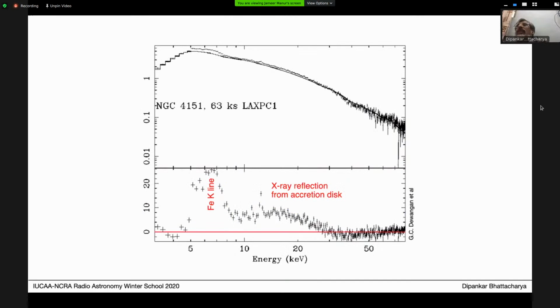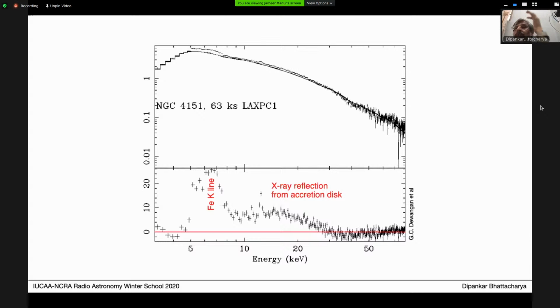Another important line, which is used often in X-ray astronomy, is the iron K alpha line. This iron K alpha line occurs when the innermost electron in the iron atom gets knocked off, and then an electron from a higher state drops into that vacant space and produces this line.